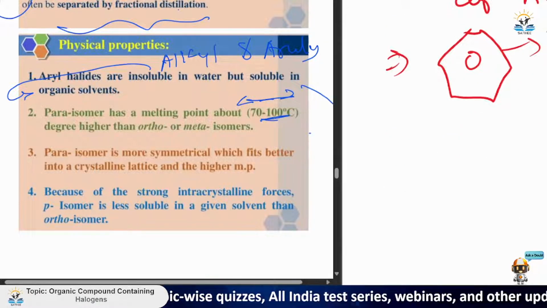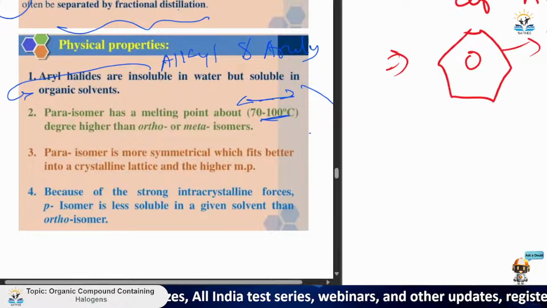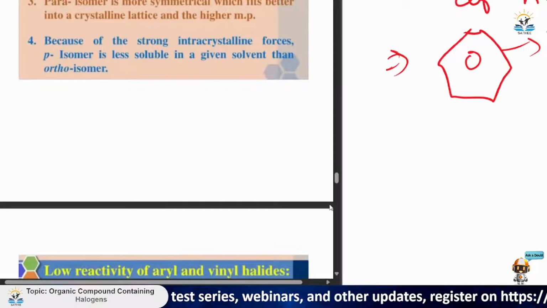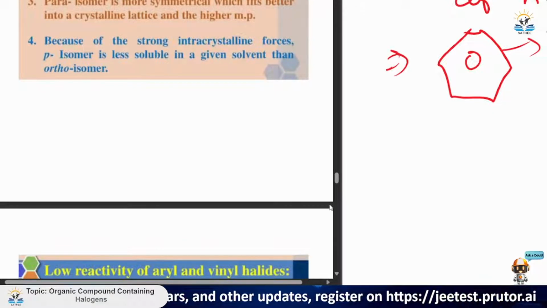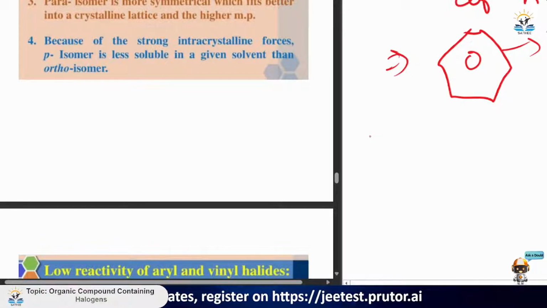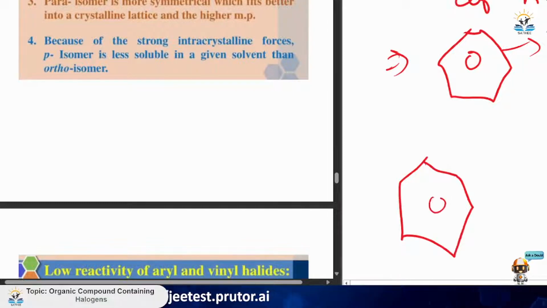The para isomer is more symmetrical, which fits better into the crystalline structure. Because of the strong crystalline forces, the para isomer is less soluble in a given solvent than the ortho isomer. As you know, aryl halide is insoluble in water, but if we talk about solubility in organic solvents, we have a compound like this.